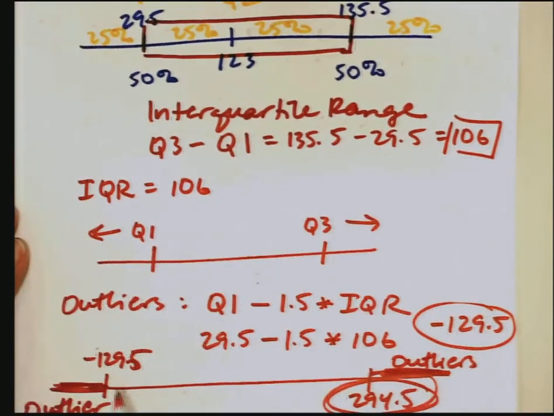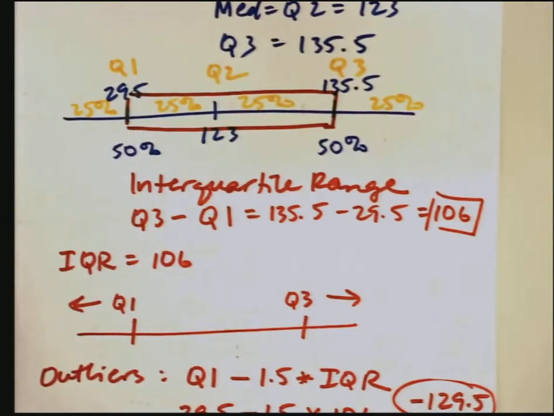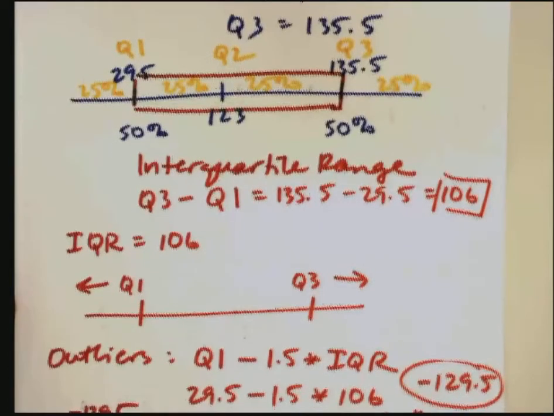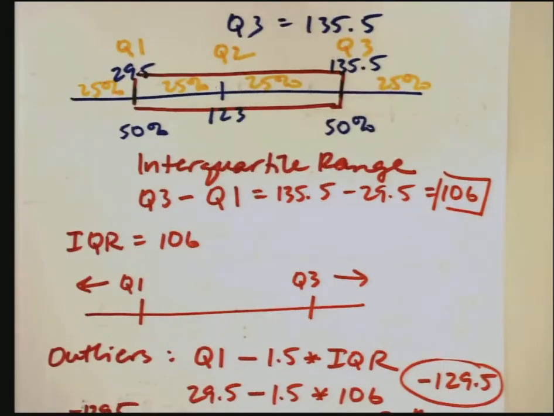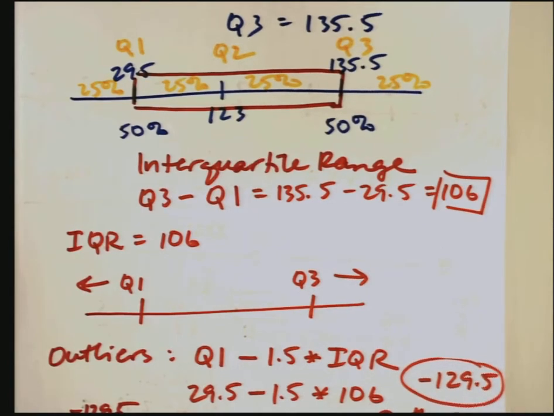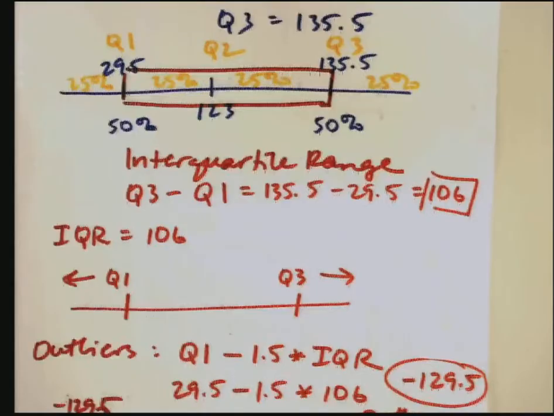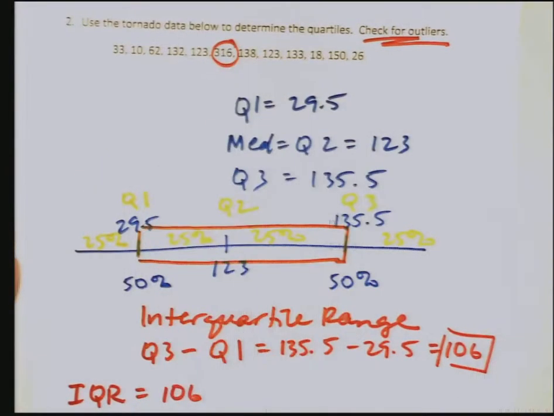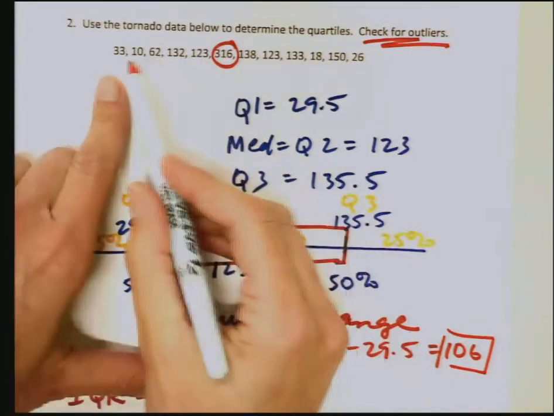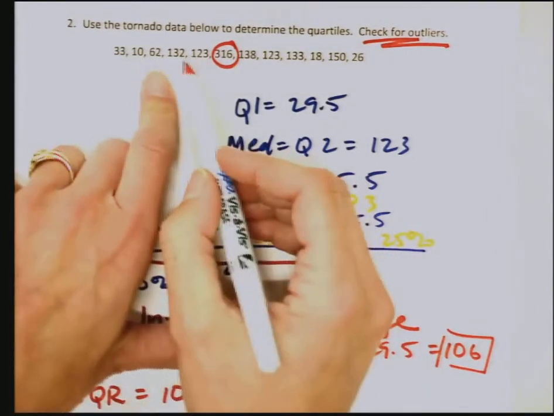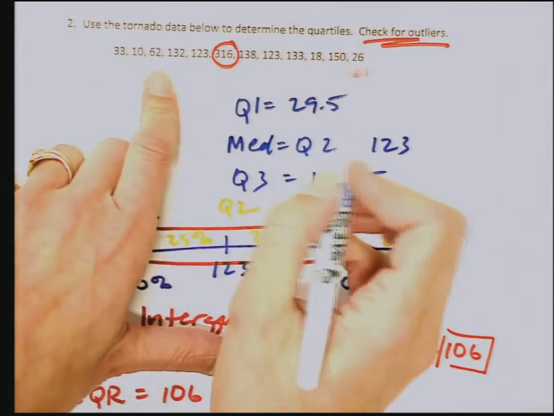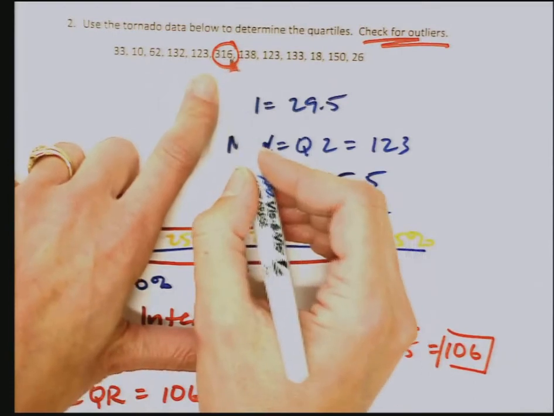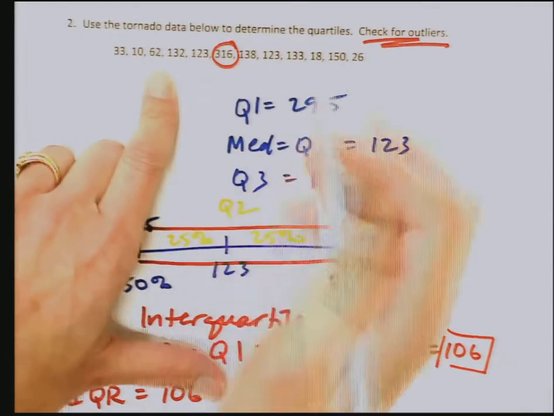Okay, so let's look at our data. We definitely don't have any less than a negative number. These are numbers of tornadoes, so they're all positive. We want to know if we have any months with a number of tornadoes greater than 294.5. And we do. If you look at your data, 3, 3, 10, those are kind of little, but the others are in the hundreds. 316 is really big compared to the rest of the data.